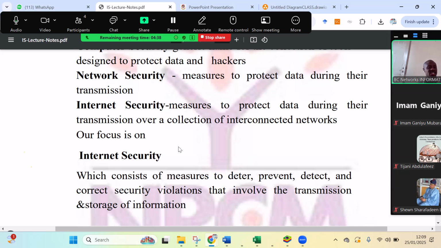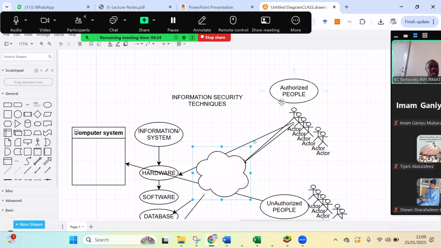The measures to detect, the measures to prevent, and the measures to deter and correct any security violations that involve the transmission and storage of information. And how are we going to accomplish these measures? It's by looking at different security constructs, different security techniques.